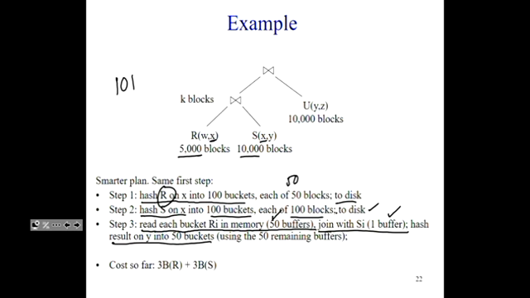I'm going to hash the result on Y as a precursor to the next join, into one of these 50 buckets.